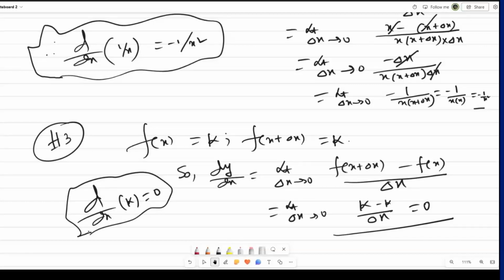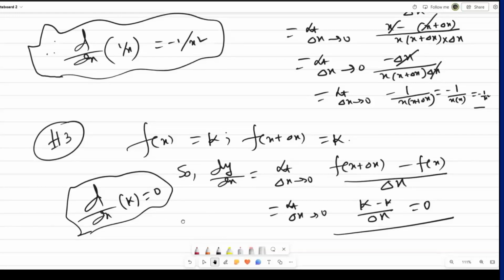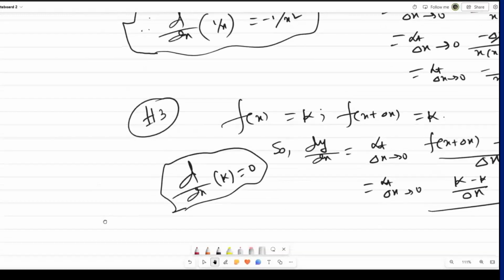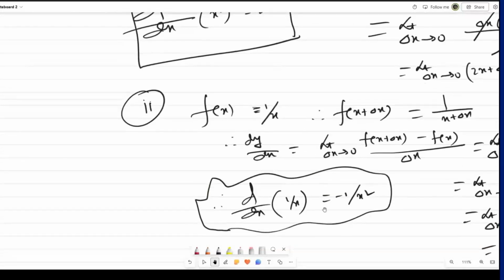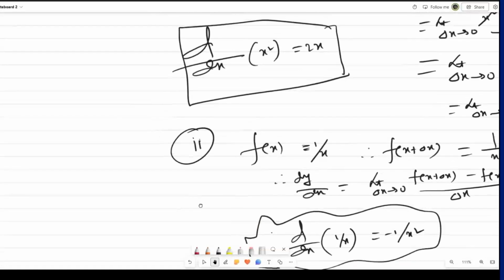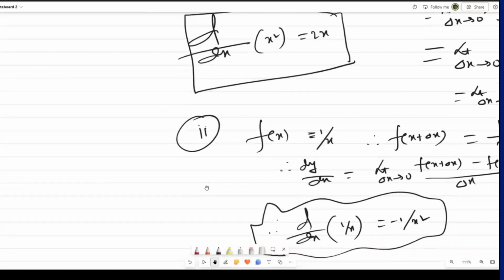I'm showing you in what way I have derived it. I have found the derivative of x squared. I have found the derivative of 1 by x, minus 1 by x squared. Let us make the observation here. I'll get a pattern and then the purpose is solved.